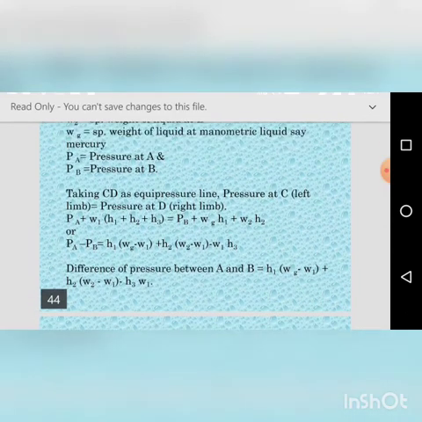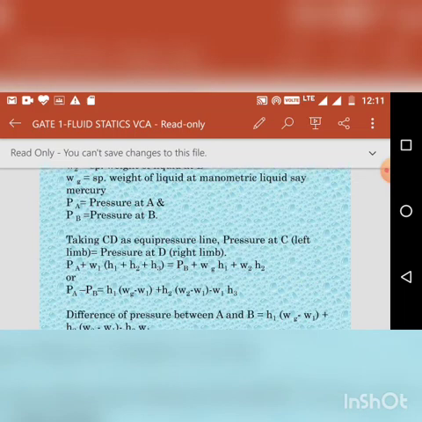So here again take a datum and equate the pressure, and the difference in pressure PA minus PB is equal to H1 into W_g minus W1 plus H2 into W2 minus W1 minus W1 H3.